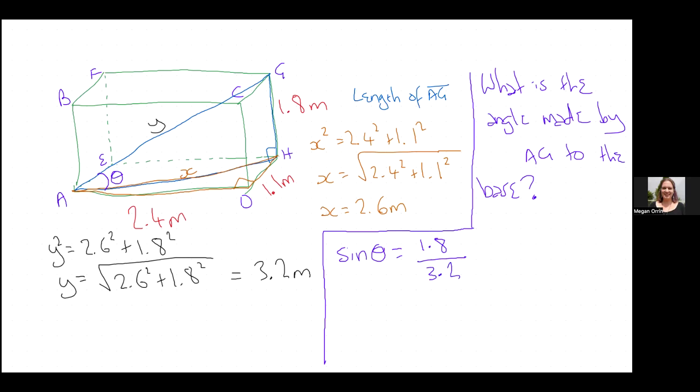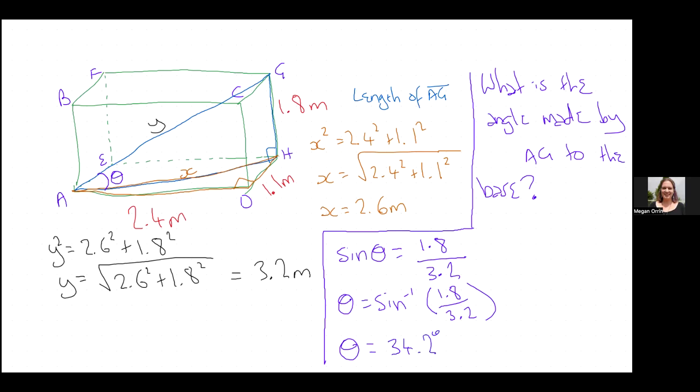This is the opposite. And then how do you find an unknown angle? Inverse sine. So type that into a calculator for me. 34.2 degrees. All right, that sounds good to me.